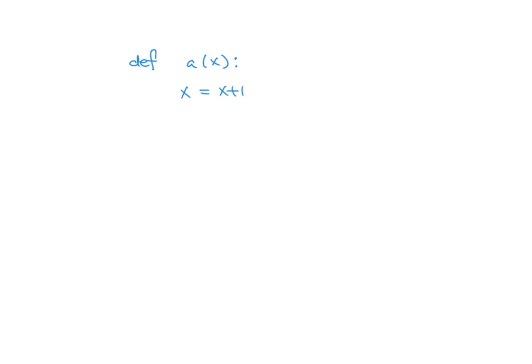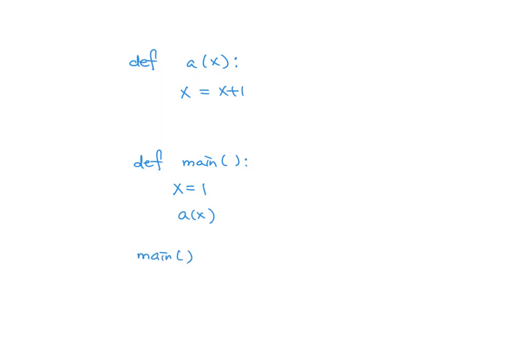And if I have the main function, I have, say, a equals 1, oops, not a equals 1, but x equals 1. And then I call a of x. And then I call the main function.